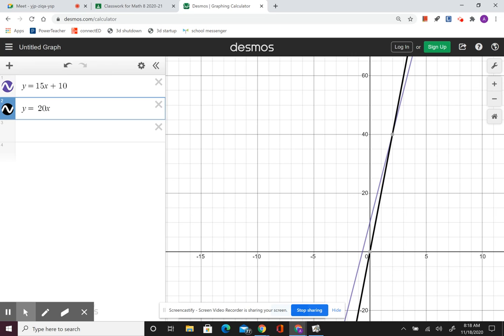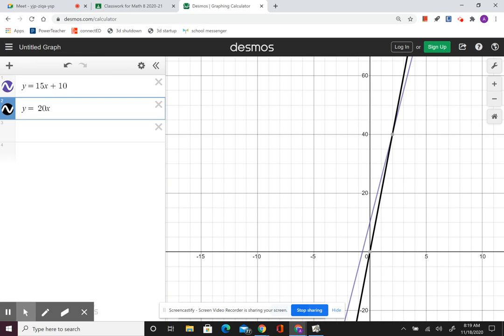If we go beyond 2 hours of instruction, the Scrapbook Incorporated is going to be a better deal for us. No, I'm sorry, the purple line. If we go beyond 2 hours, the Creative Crafts is going to be a better deal for us, because they're going to charge us less money than the Scrapbook Incorporated, because that line is below.